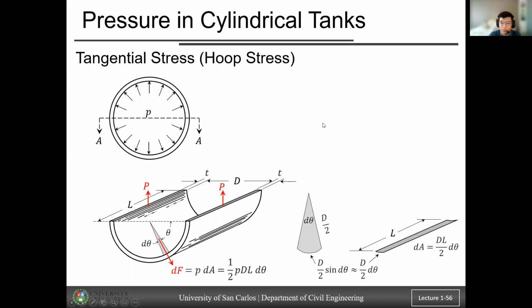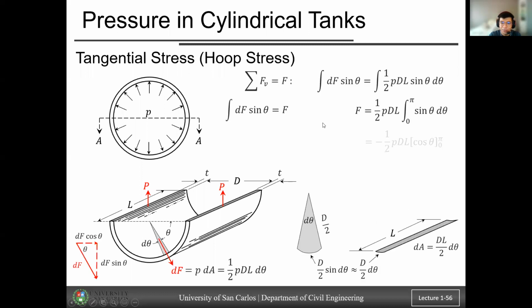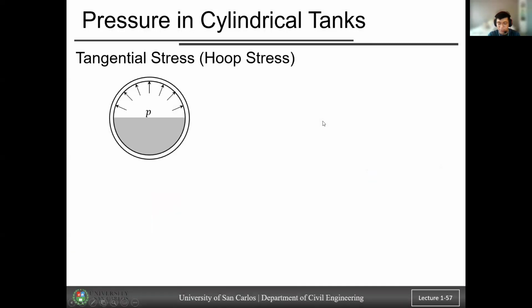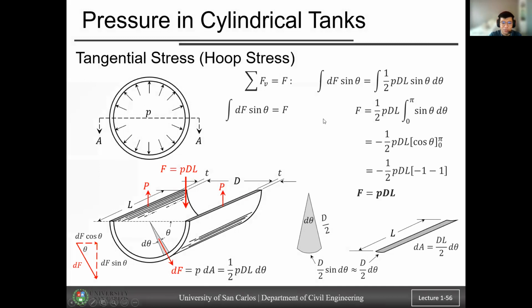So there are quite a lot of formulas to consider. But again, since we're not concerned with the derivation process or the integration part of the formula, feel free to memorize this formula. F is equal to P D L.